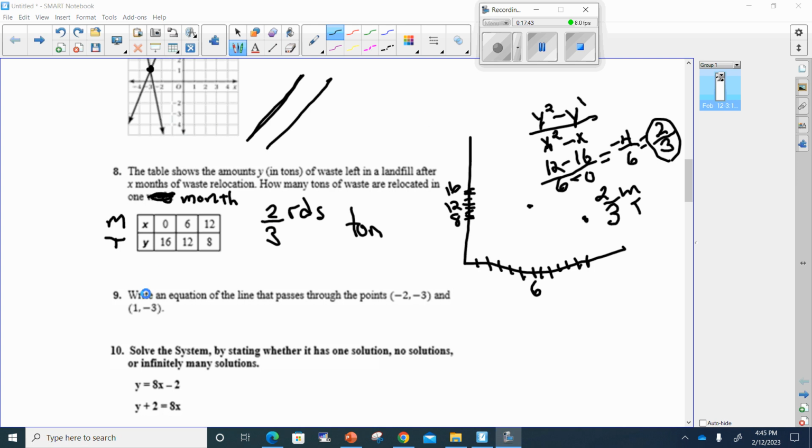And number 9 says, write an equation of the line that passes through the points -2, -3, and 1, -3. If I was going to do this, I would say that I'm going to use the slope formula. I'm going to make this my 2, and this my 1.